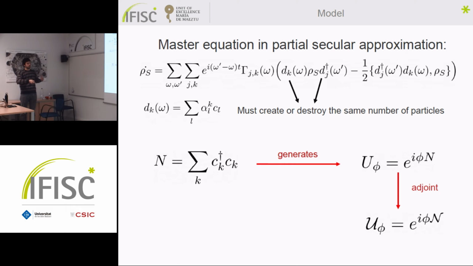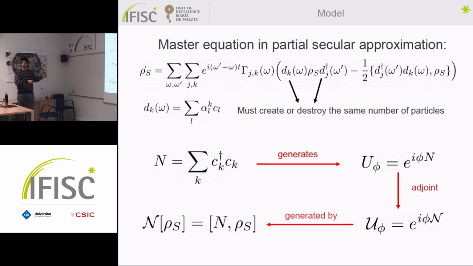How do we get this? Well, it's generated by this number superoperator, which can be shown to act like this. If you give a state to the number superoperator, it returns the commutator between my number operator and the state rho s.